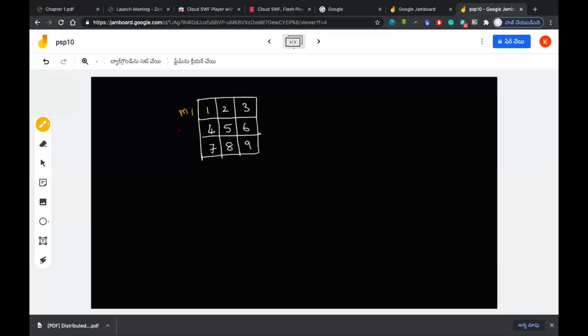So this is 1, this is 2, this is 3, and this is indicated by n. This is index 1, index 2, index 3. So don't think that it should be m1, m2, m3. I'm just making it as an identification. That's all. This is m and this is indicated by n.